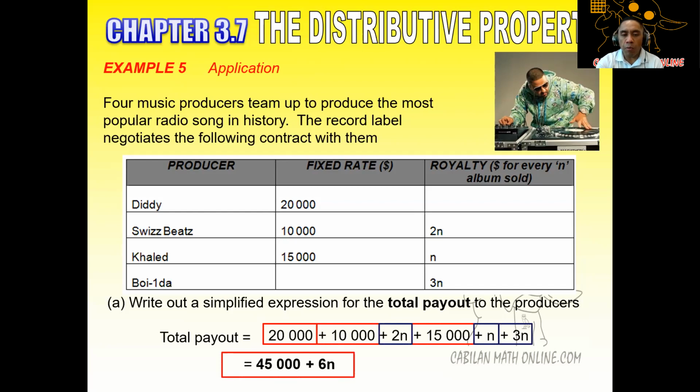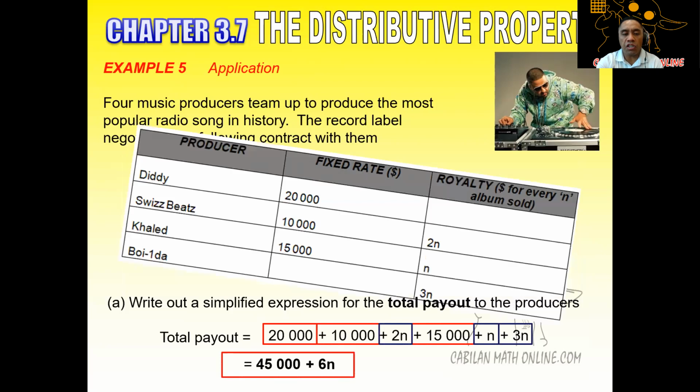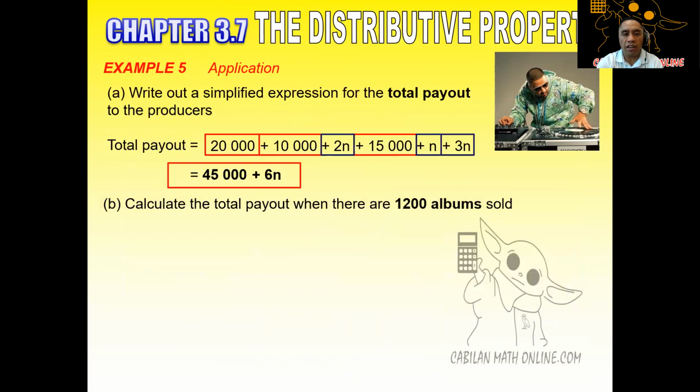Now, for the next part, we're going to use that expression to solve the following question. It says, calculate the total payout when there are 1,200 albums sold. What I tell people to do here is always start off by writing down the expression first to see exactly what you need to replace. In this case, N represents the number of albums sold.